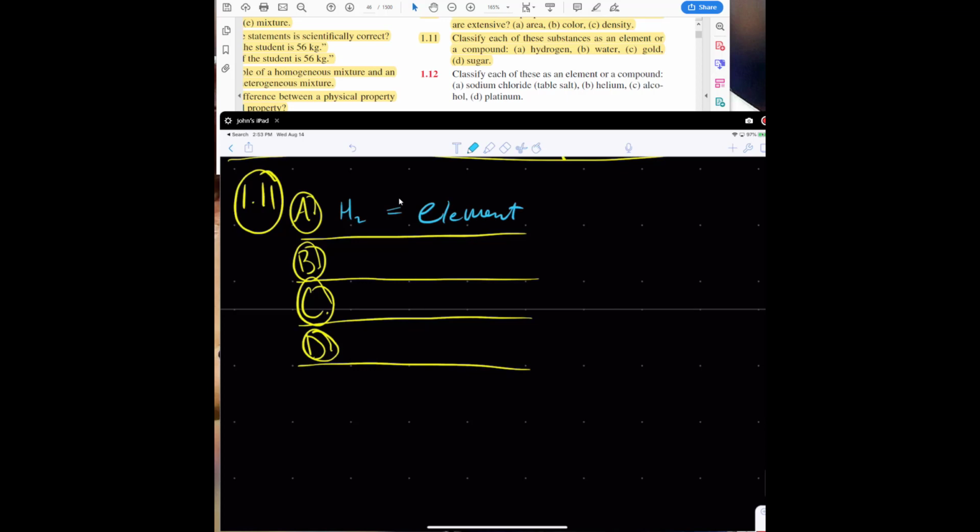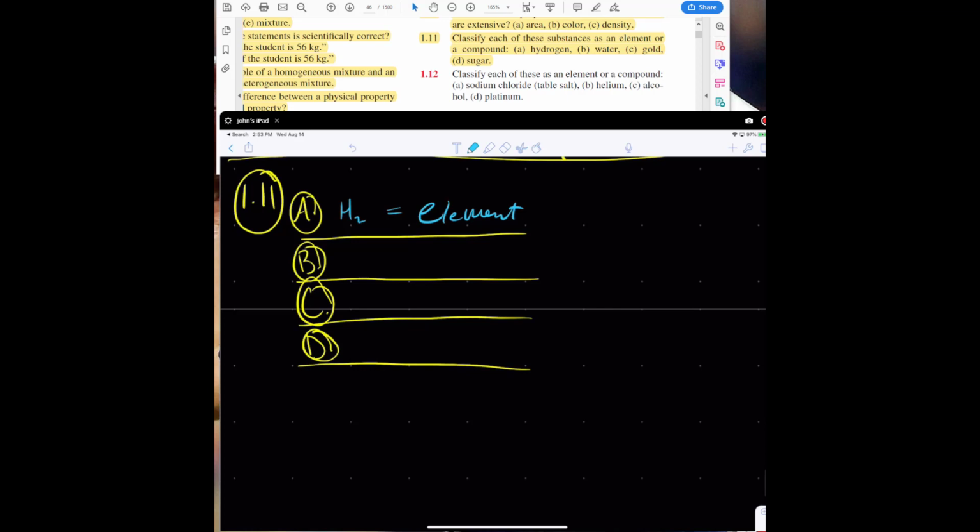It's not a compound, because why? How do we differ from compound to element? Compounds can be separated by chemical methods into their elements, right? So the simplest substances in chemistry are elements.